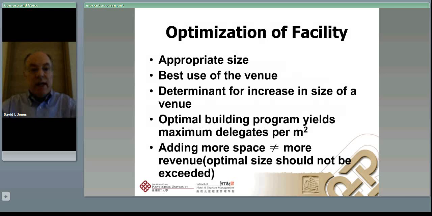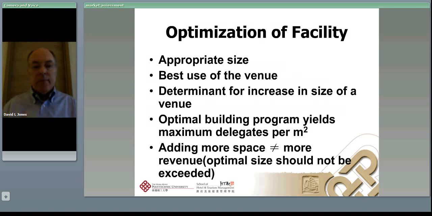You know, today you see a tremendous amount of change going on, especially in mainland China, that we'll talk about in the China development aspect in particular, of moving from pure exhibition hall to exhibition and convention facilities. So how large should those facilities be? Are they being built large enough? But if we build them too big and then we don't use them effectively, that's an opportunity cost for us too.